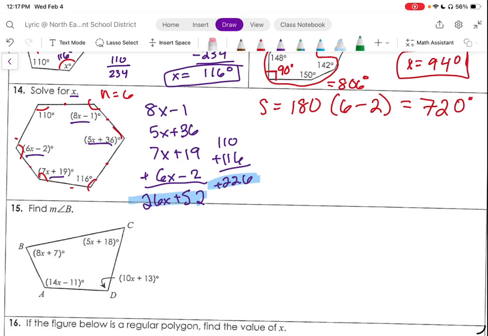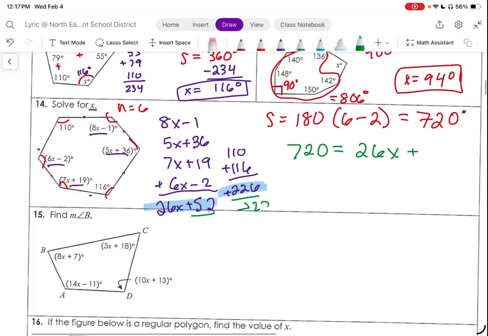So now we're going to say 720 is equal to 26x plus 52 and 226, which is 278. All right, solve for x, and then we'll find out what that is. When you solve, we get 17.